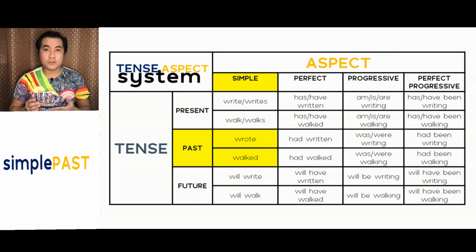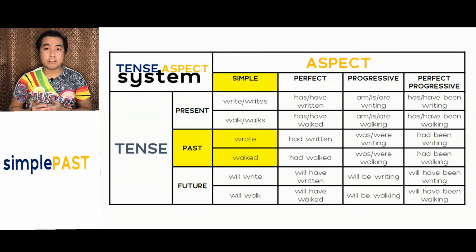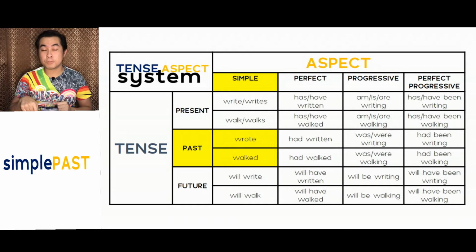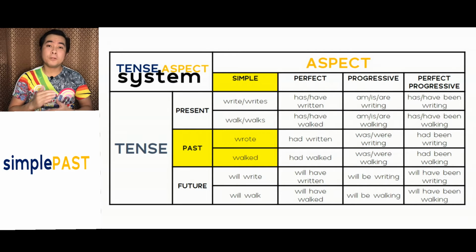If you haven't watched that video about irregular and regular verbs, I will put the link here and even in the description box down below. And for regular verbs, the simple inflection is adding ed or d to the verb. That's just a quick review for your simple past.